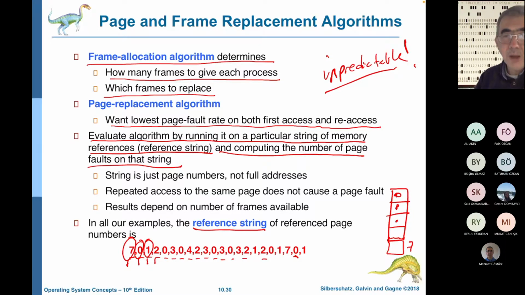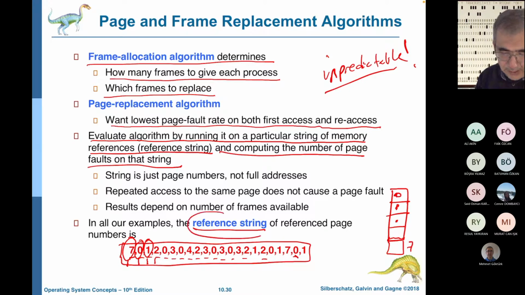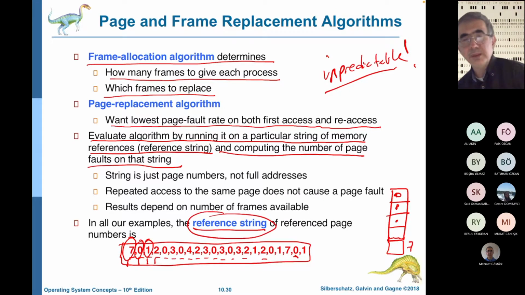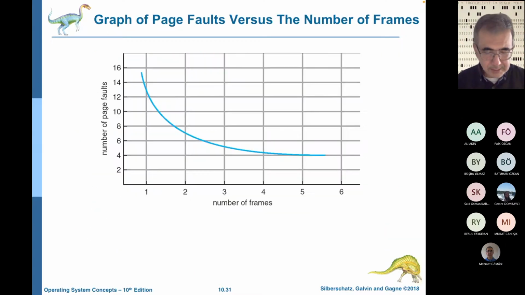So my code jumps around in the logical memory. It exhibits a kind of request for memory, and this is the output of that kind of request, and we call it the reference string. These questions are solved using reference strings, and let's solve a particular example on that.